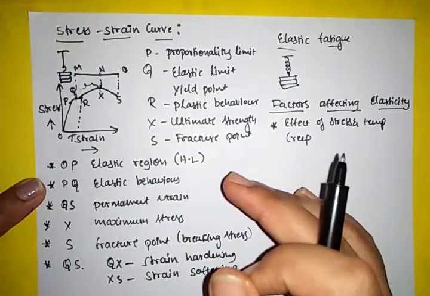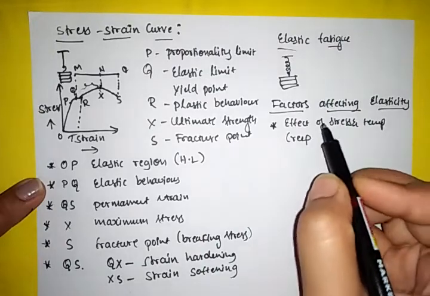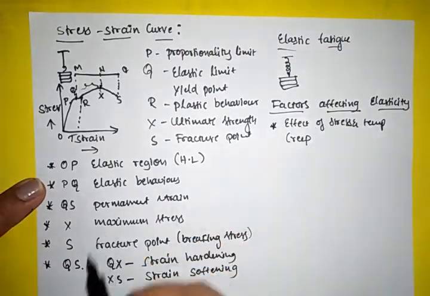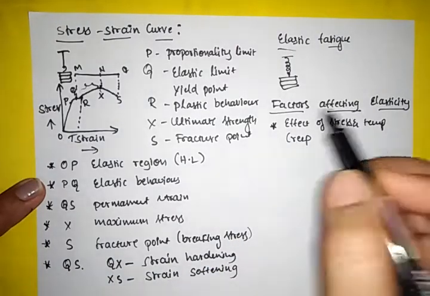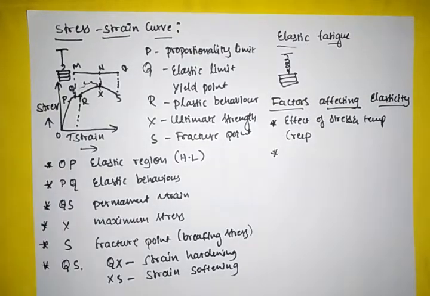When the material is stressed for a longer duration, permanent strain is observed and it mainly leads to fracture. So it is one of the factors affecting the elasticity.